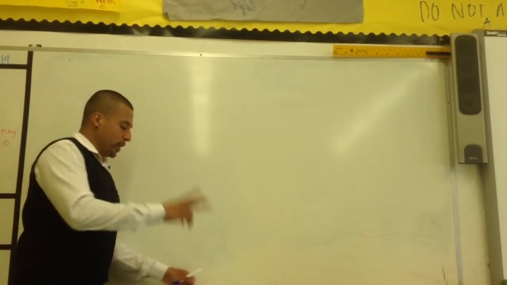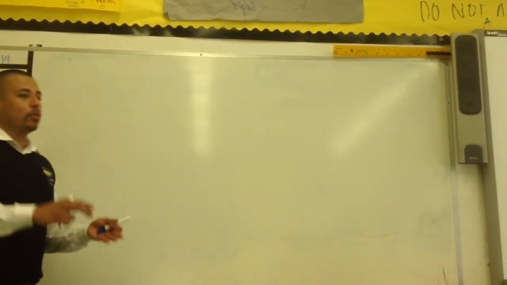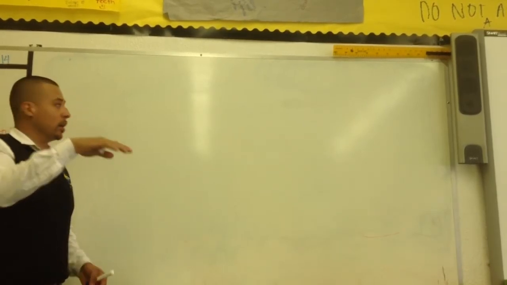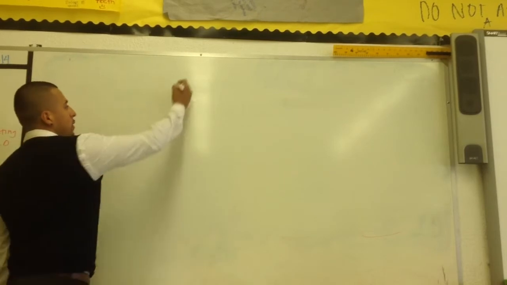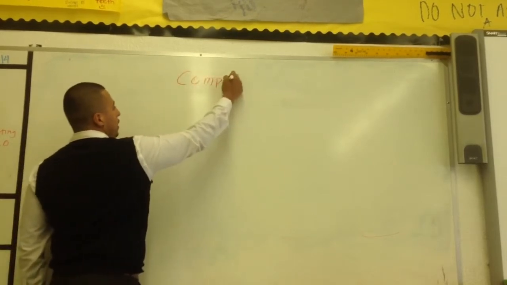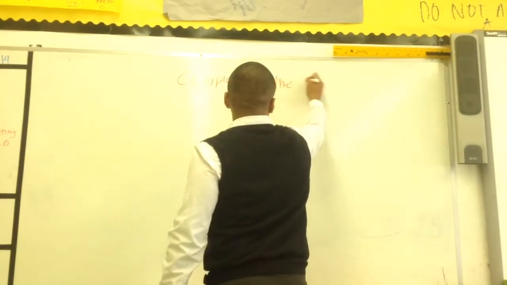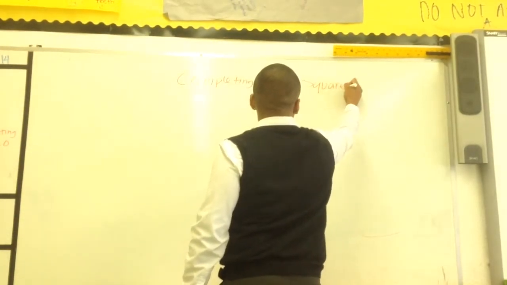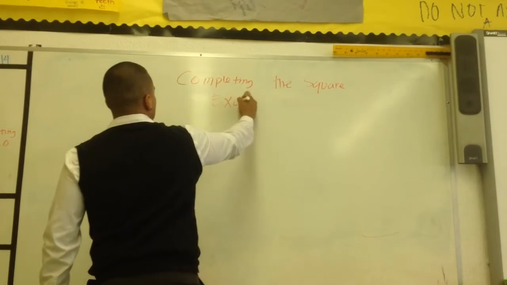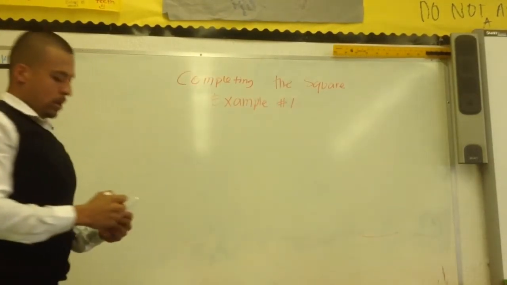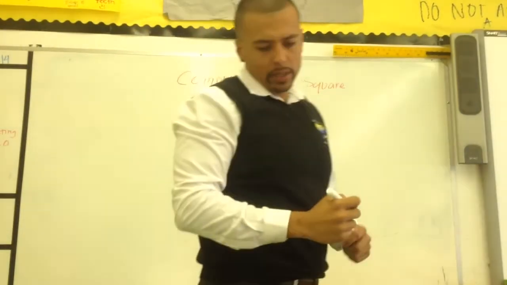Okay, so we're going to do 2 examples, and you have to use up the entire page in your composition book, okay? So title this Completing the Square, example number 1.